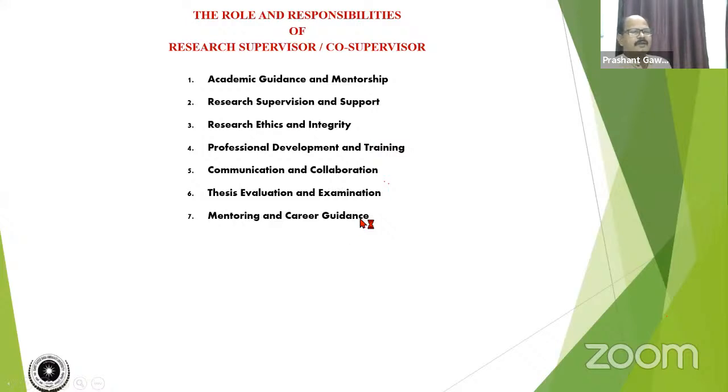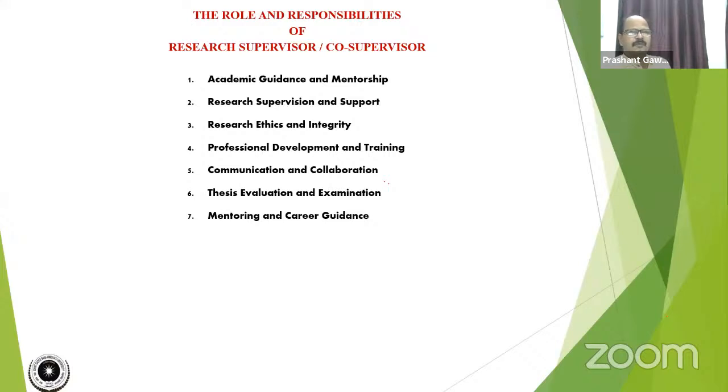Professional development and training: during the finalization of the student's hypothesis, all-round professional development and training to the student is a responsibility of the supervisor and co-supervisor.